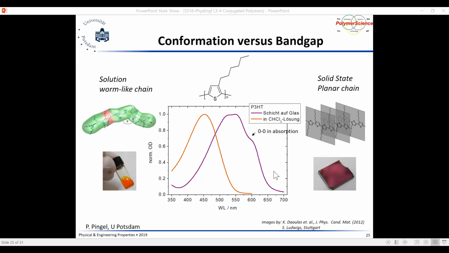Now you can see that the absorption of the same exact material is rather different. The peak has shifted, and we also have more vibronic structure in the film. This is because of the aggregation. So in the film we have aggregation, whilst in the solution we typically don't.